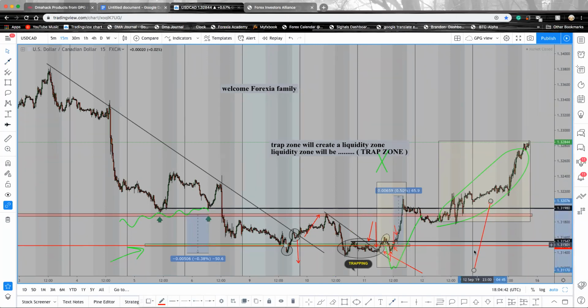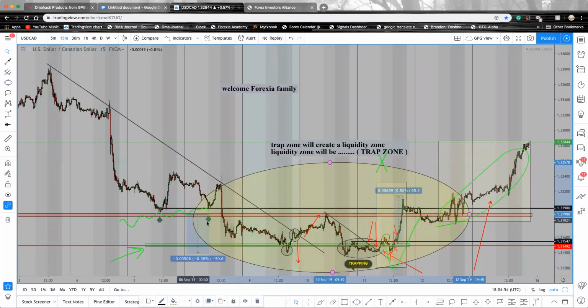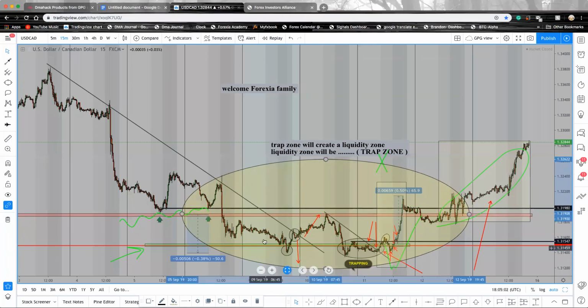You see all this time from here to here, well, not Friday because I did trade it. Oh no, I didn't actually. All this time I basically was waiting. I was looking at the charts, I was looking at the market, but I was not trading it because it wasn't really clear to me what the market was going to do.